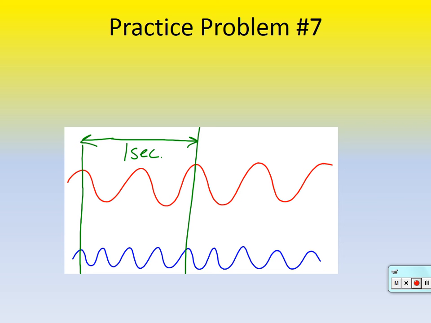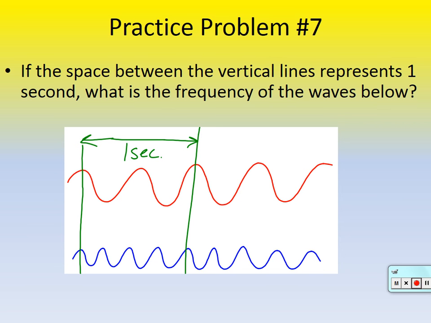So, practice problem number 7. It says, if the space between the vertical lines represents 1 second, what is the frequency of the waves below? Okay, we want frequency. Guys, frequency equals waves per second. So all you have to do is count the number of waves and divide it by the number of seconds that you're measuring.